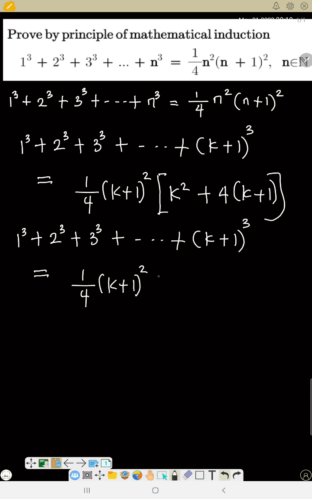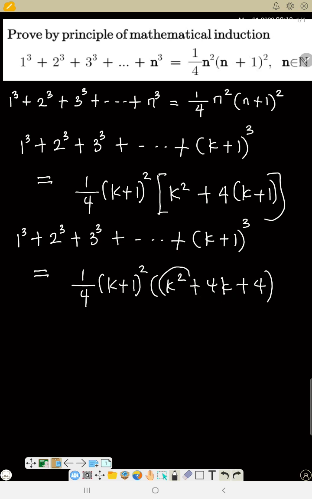Now this will become k square plus 4k plus 4. That is 4 times k, 4k, 4 times 1, 4. So what I have in this bracket is like a quadratic equation. Now watch my video on quadratic equation. So you know how to factorize this.